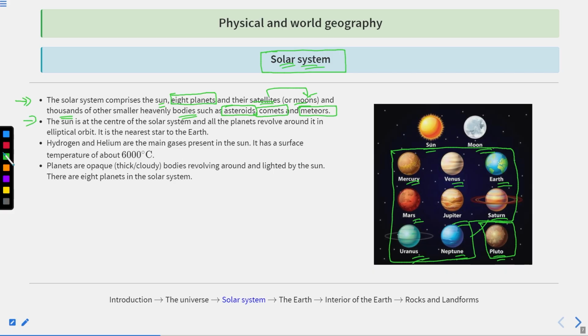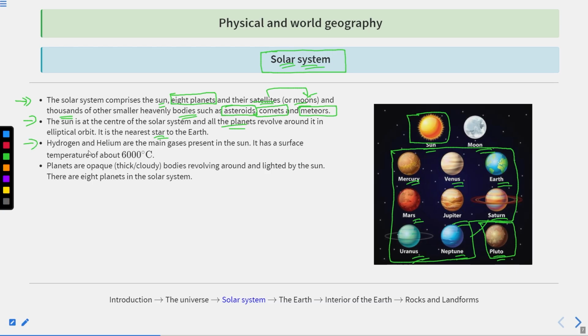Here, the Sun is at the center of the solar system and all the planets revolve around it in an elliptical orbit. Why? Because the Sun's gravity is so strong that it makes all the planets revolve around it. It is also the nearest star to the Earth.